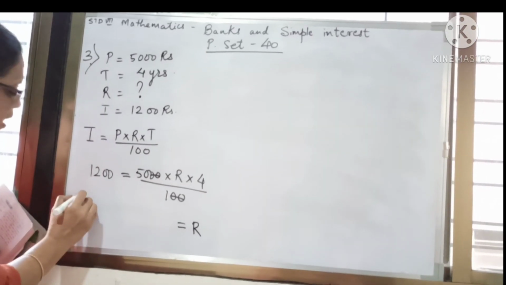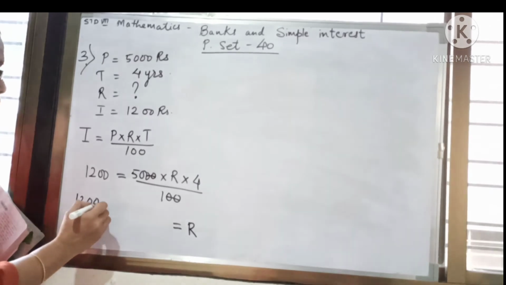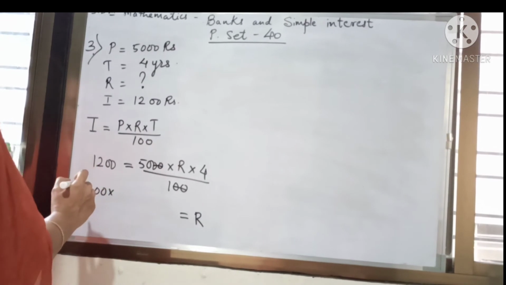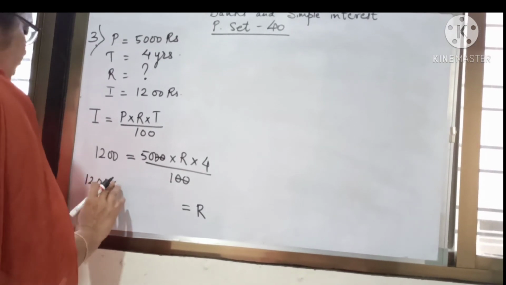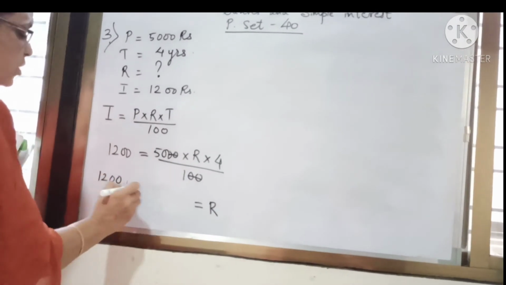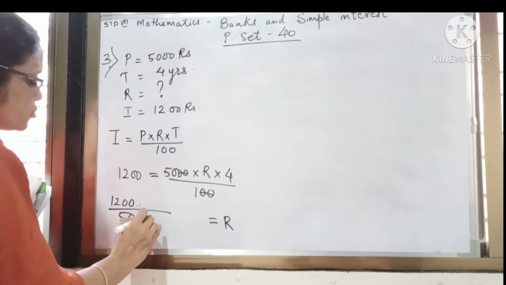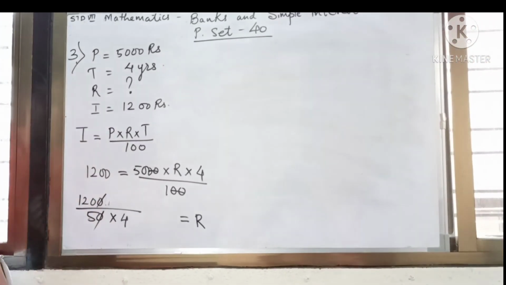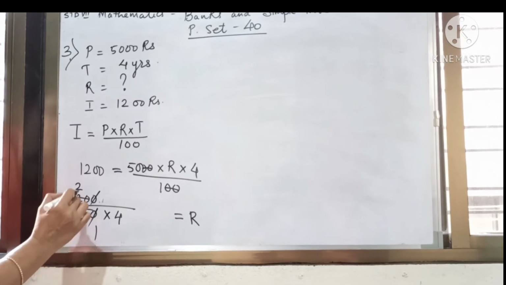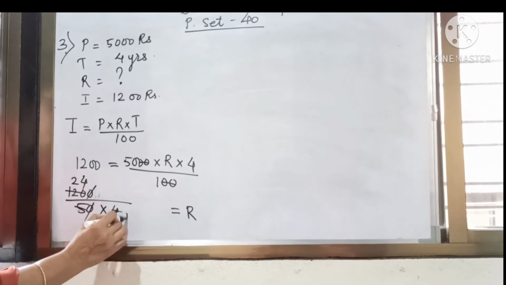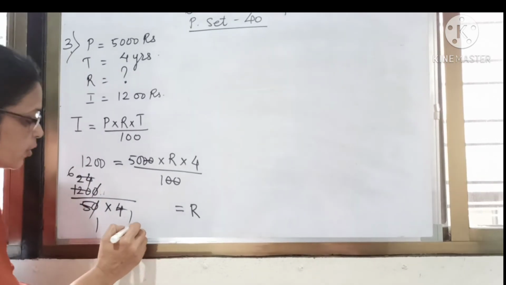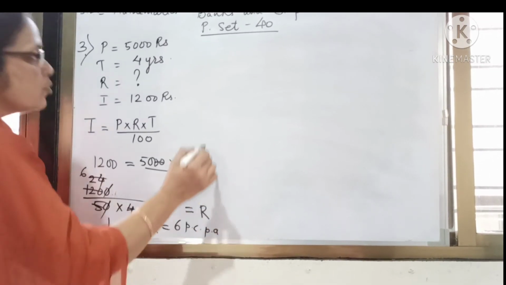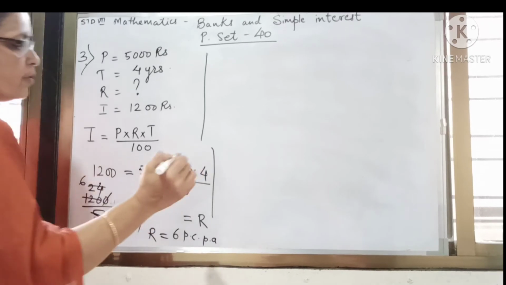So this side we have 1,200. Now when 50 into 4 comes to the other side, it will be divided. So 1,200 divided by 50 into 4. So this zero gets cancelled. 5 ones are 5, 5 twos are 10, and 4 ones are 4, 4 sixes are 24. So rate of interest comes to 6% per annum. So this is the first part of the sum.